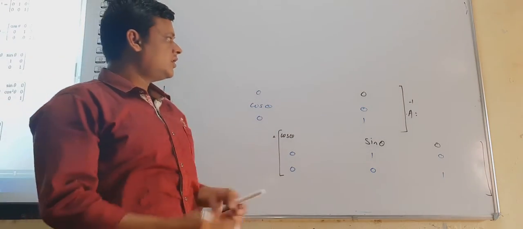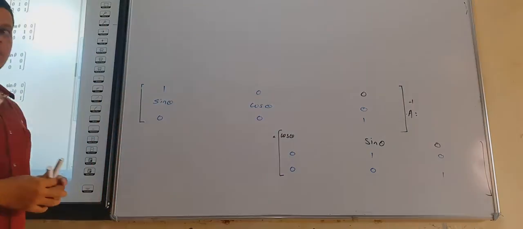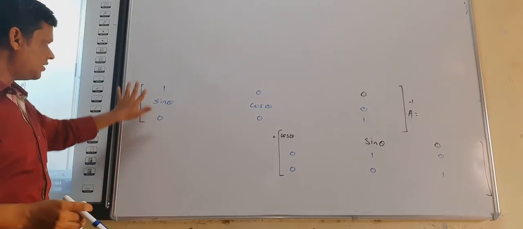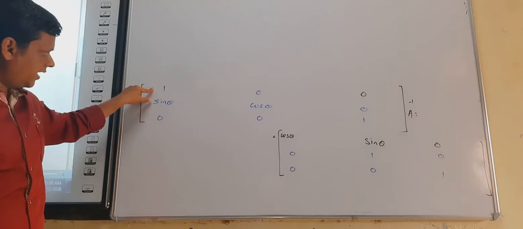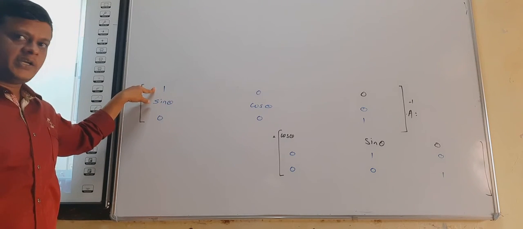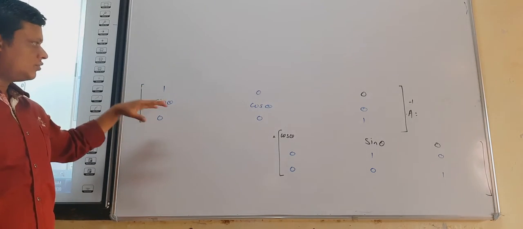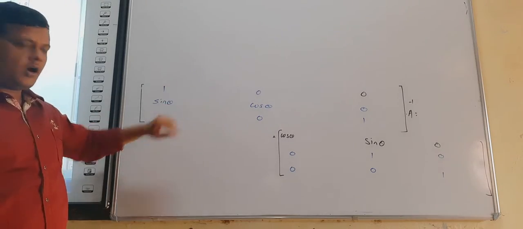This is 0. Now observe the terms. Observe the elements in the first column. Here is 1. Here in place of sin theta we require 0. So you interchange the row up.